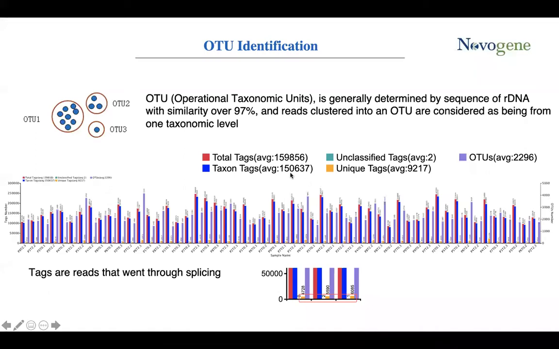And the red bars or total tags means the number of effective tags we got. And the blue bars or taxon tags means the number of annotated tags. And green bars or unclassified tags means the number of unannotated tags. And orange bars or unique tags, as we see here, means the number of tags with a frequency of 1 and only occur in one sample.